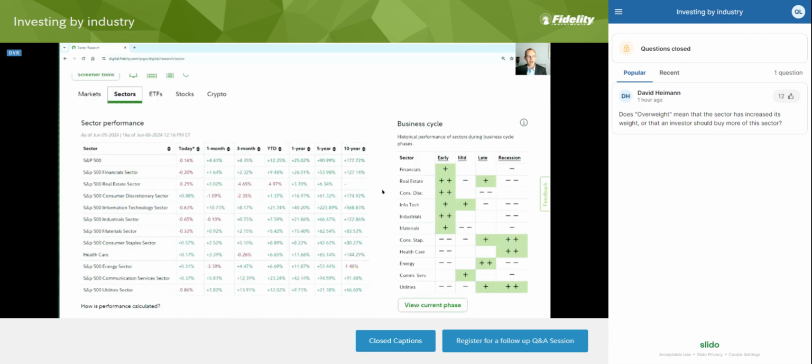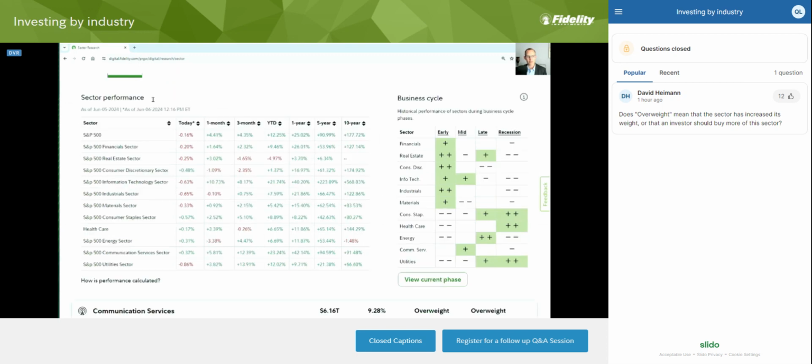Here we have two main items on our screen, a sector performance table and a business cycle table. To round out the conversation you've already had with us, James, I think we should glance at this business cycle table for a moment, which helps us understand that at some point in the economic or business cycle, in the early phase, for example, when companies are beginning to expand, when monetary restrictions are light, maybe there's even some stimulus going on to get us out of a previous recession, companies tend to be growing, but not necessarily all.